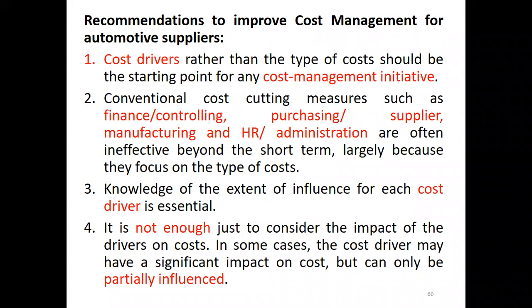Rather than focusing on finance cost, purchasing cost, material supplier cost, manufacturing cost, HR cost, administration cost, we will identify the activities, and on the basis of these activities we will decide the cost driver, and on the basis of this cost driver we will allocate the cost. This is the most accurate way.